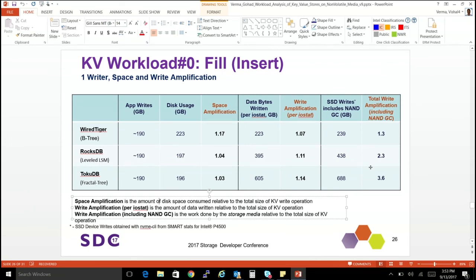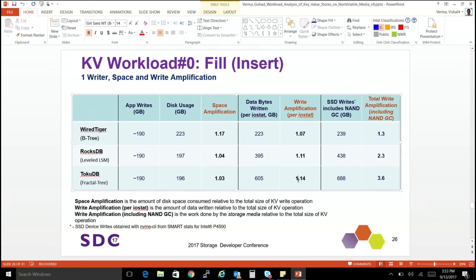Okay. You are talking about this one, right? TokuDB. Yeah. It should be 3. Okay. Yeah, that's actually an outlier. Isn't the 1.14 the first two columns compared against each other, the app writes versus the disk usage?